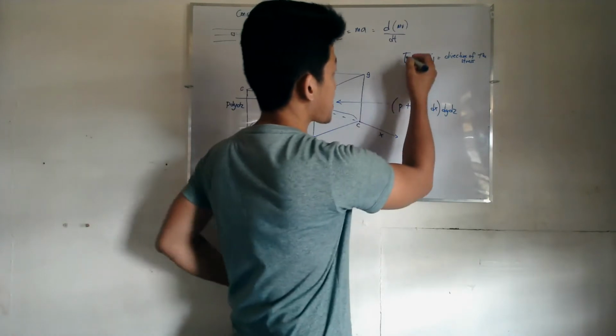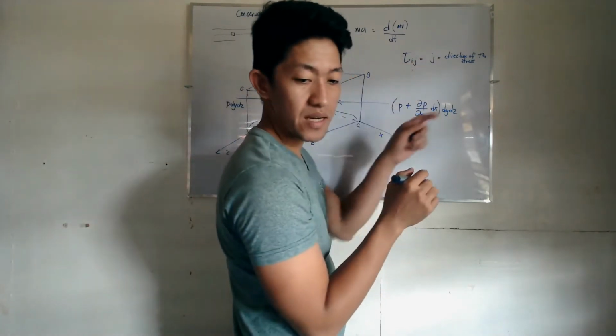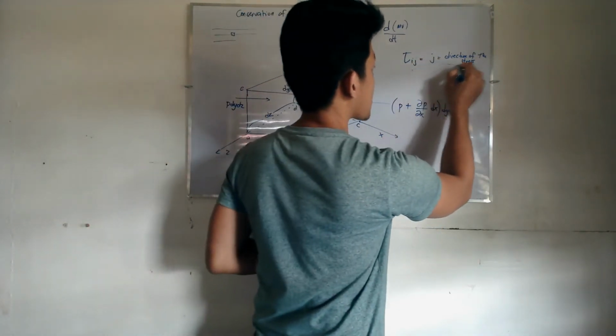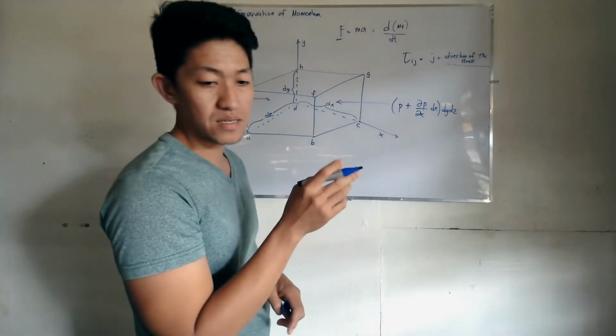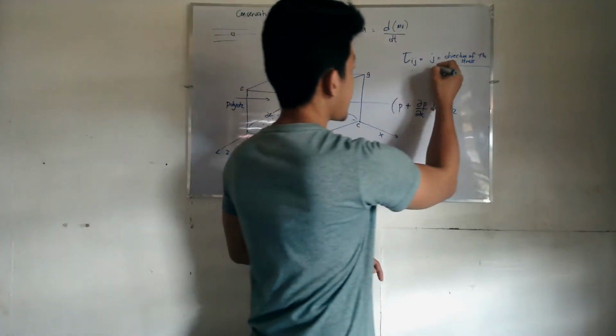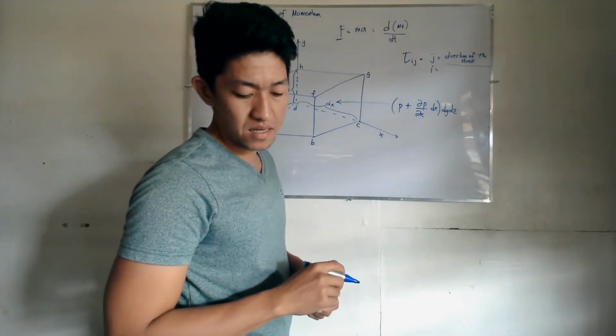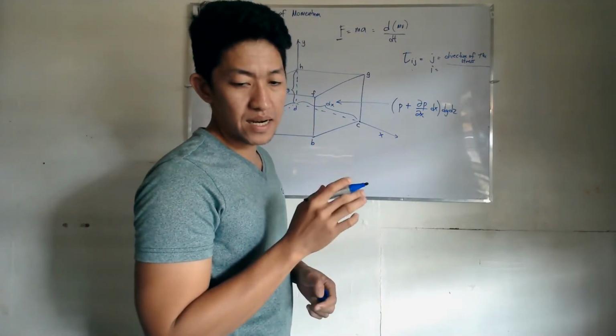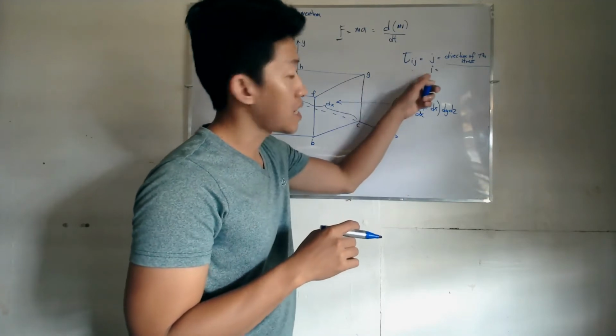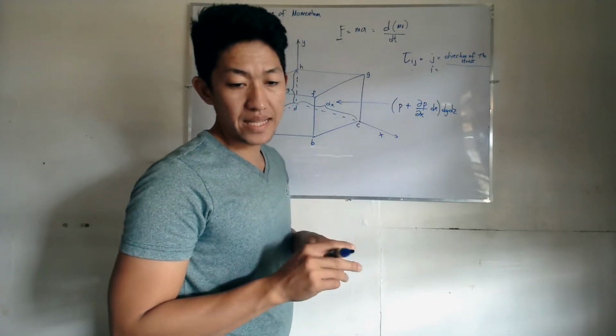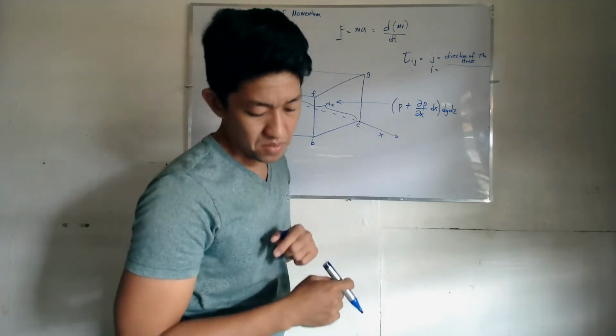We have tau ij. Now, this j will determine the direction of the stress. Okay, the i is perpendicular, that is where you see the plane where your shear stress is.